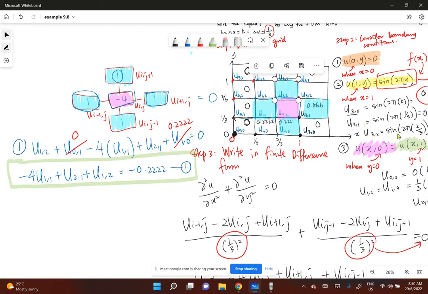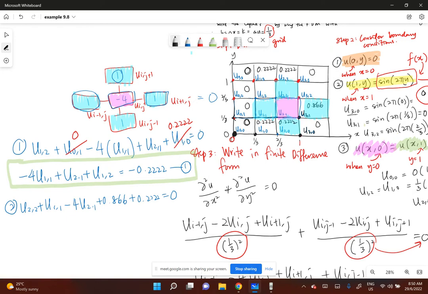Okay, so the second one becomes U22 plus U11 minus 4U21 plus 0.866 plus 0.2222 equal to 0.